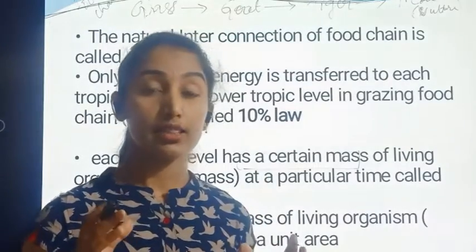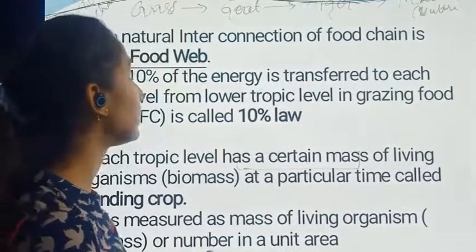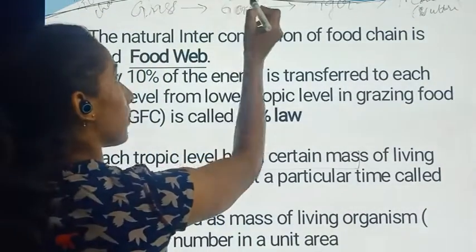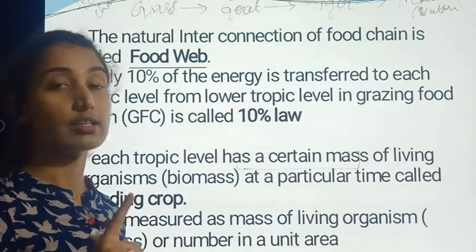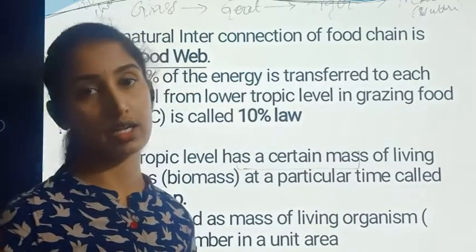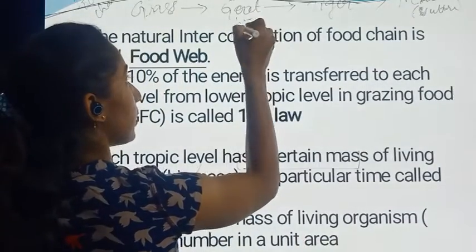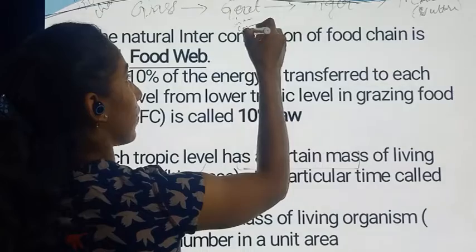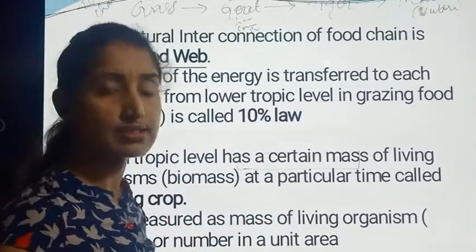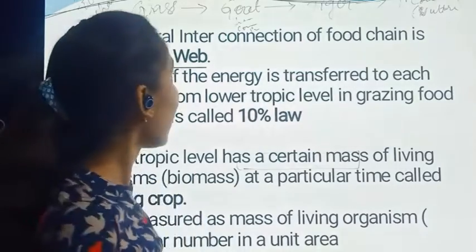But how nature is beautifully modified is, when we speak about the primary consumers, there is not only goat, but there are numerous herbivores. We can take goat, sheep, cow, buffaloes, etc. Many herbivores are present. So what happens?